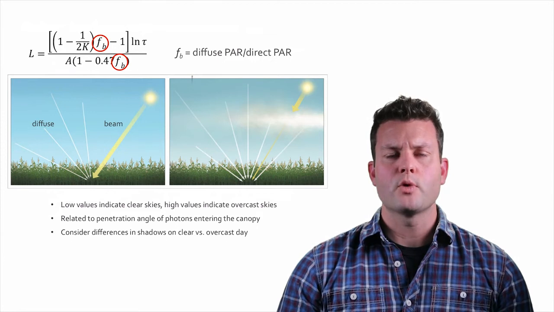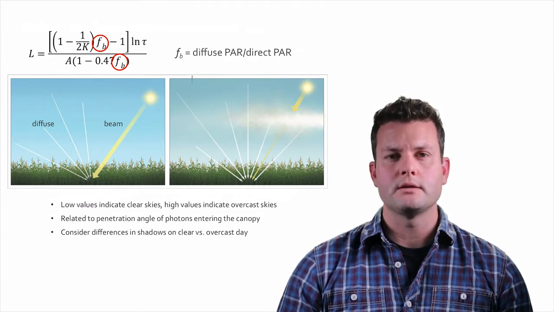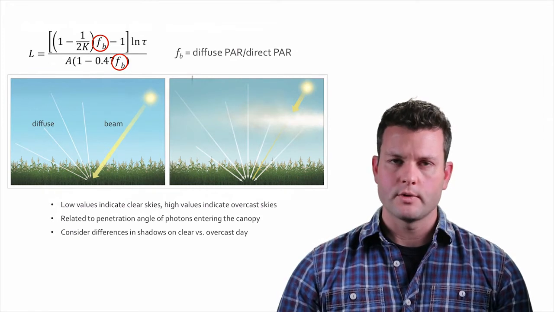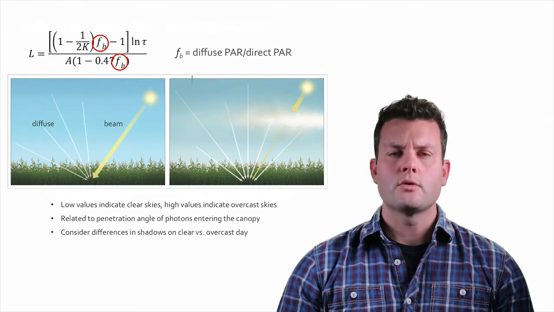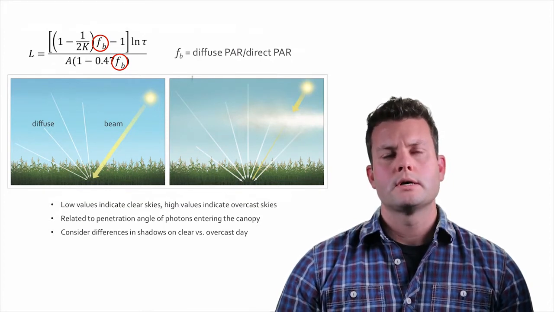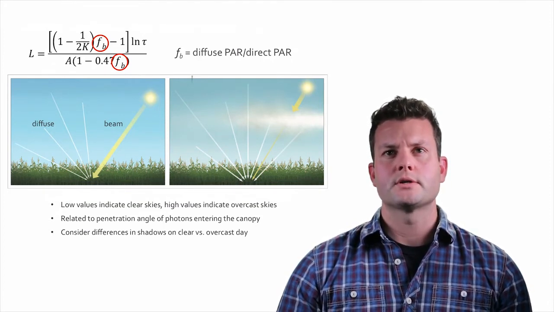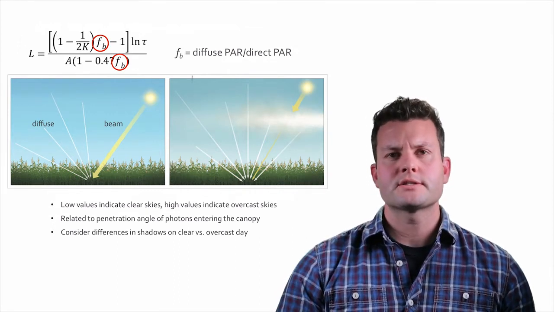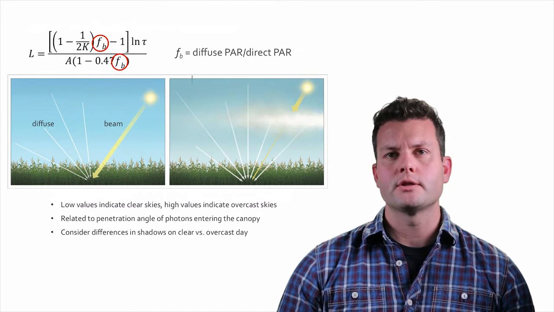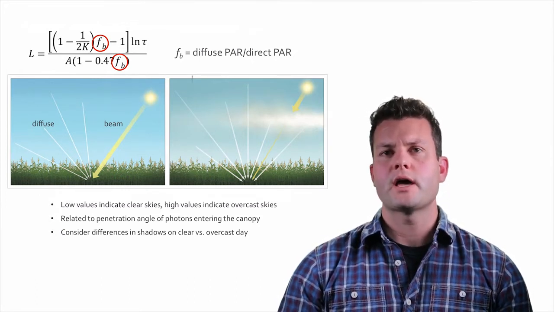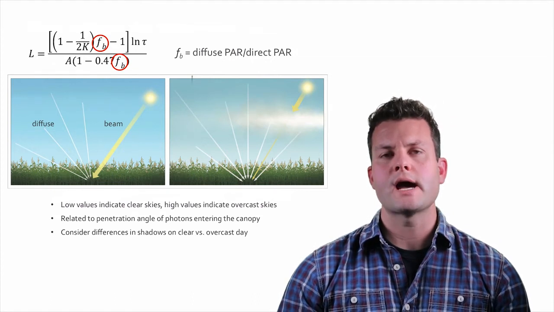Contrast that with the beam radiation, which is dominating in this clear sky condition. That beam radiation is the radiation that's coming directly from the sun. So on this left-hand side, we can see that F sub B would be very low because the direct PAR component dominates. Let's contrast that with the image on the right-hand side, where we have some clouds or heavy aerosols within the atmosphere.